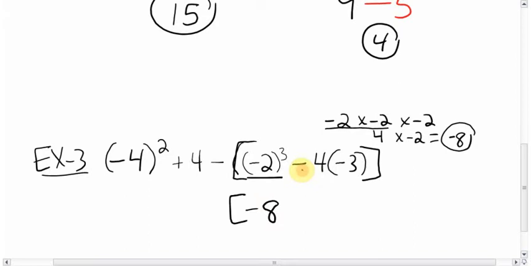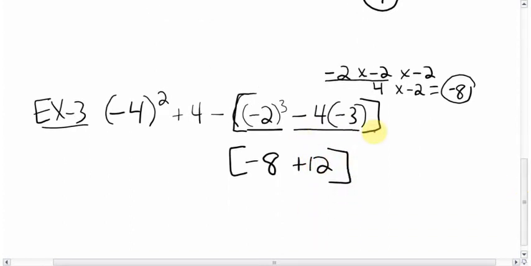Now you can treat this as negative 4 times negative 3, or you can just treat this as 4 times negative 3. Either way, you're going to end up getting the same answer. Trust me. So let's do this next. Negative 4 times negative 3, which is positive 12.